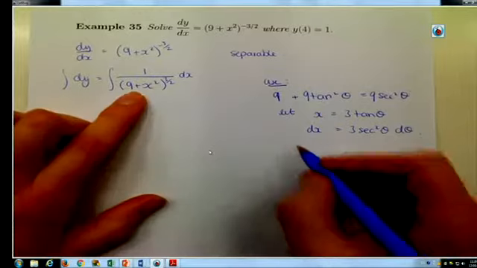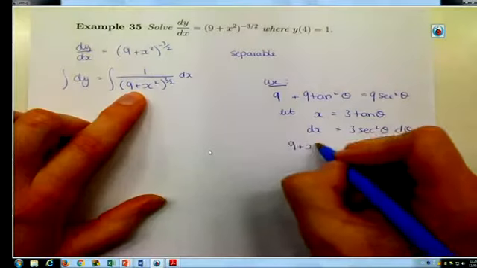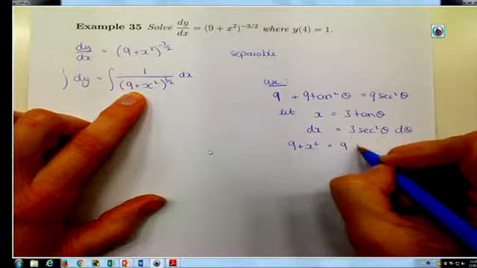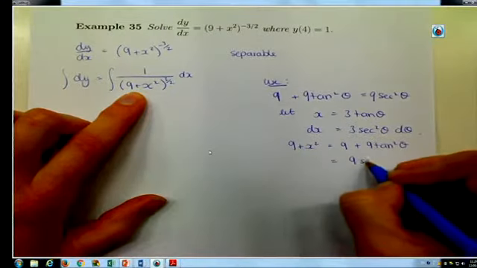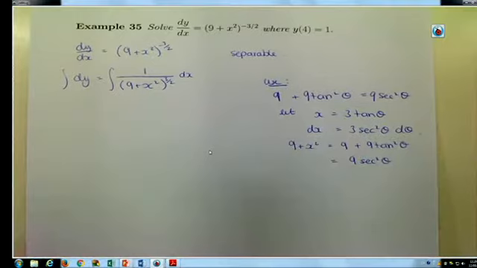And now we've got here 9 plus x squared. That's going to be 9 plus 9 tan squared theta, which equals 9 sec squared theta, and you get that from the identity that we picked. All right, now we can put everything in.